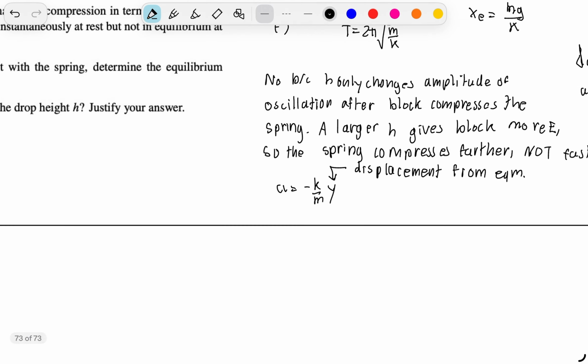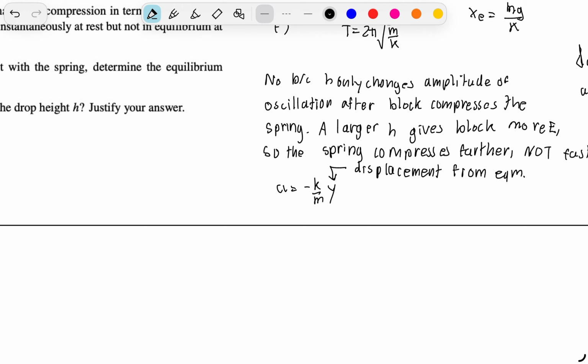So what that means is that if you have a block and you just drop it from a higher height, it's just going to go down more, and then it's also going to go up more because you gave it a larger initial gravitational potential energy. Because it conserves that energy, it's just going to keep going up and down with more amplitude.